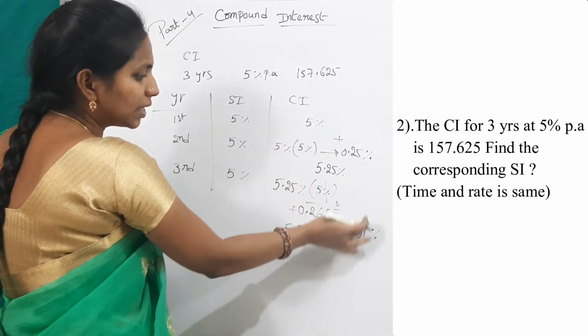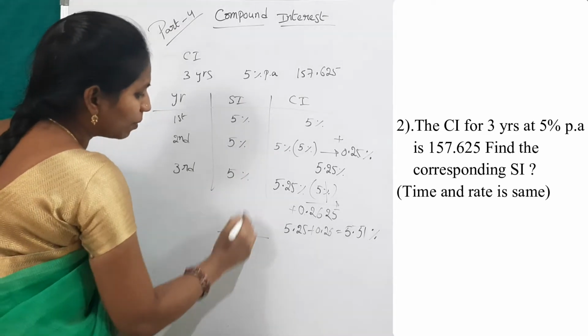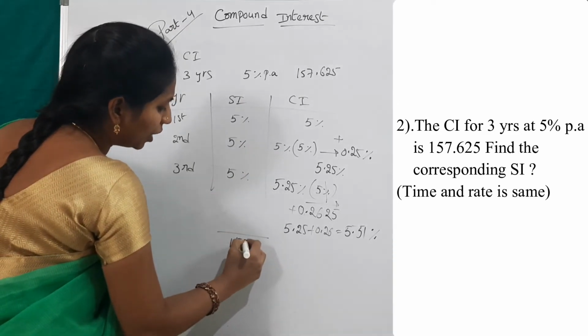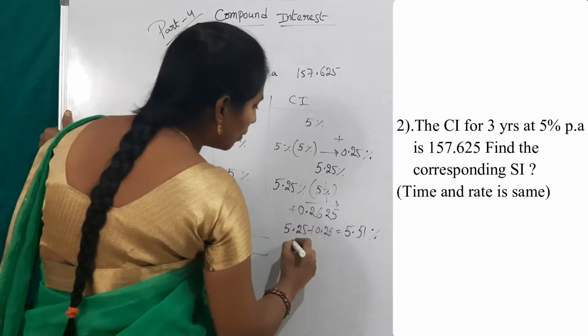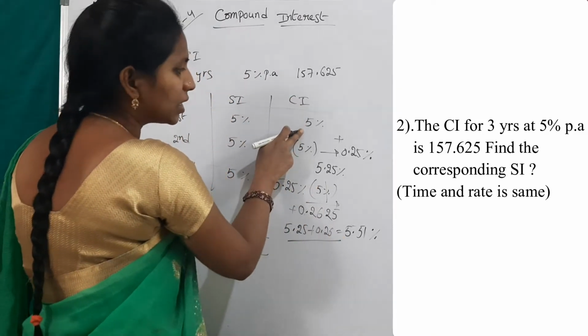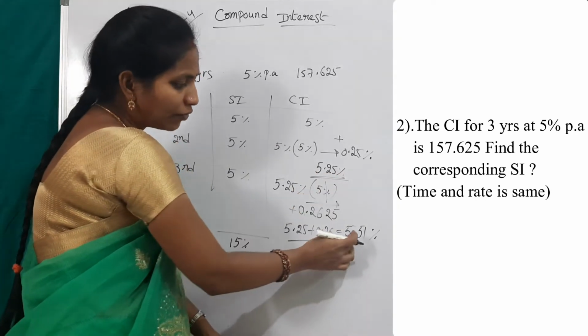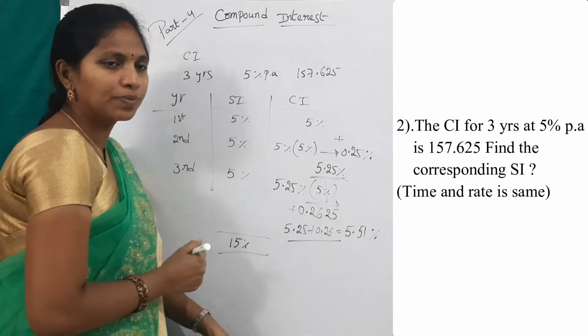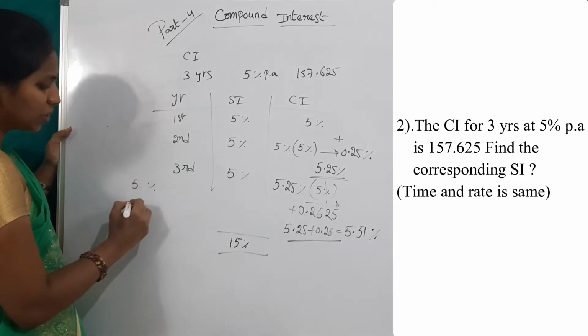So add these 3 finally. Add these 3. 5 plus 5 plus 5, 15%. In the case of simple interest. In the case of compound interest, add 5% and 5.25% and 5.51%. I want to add separately.